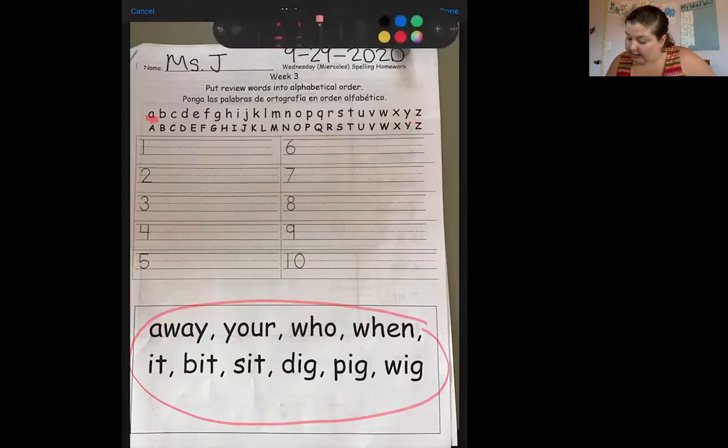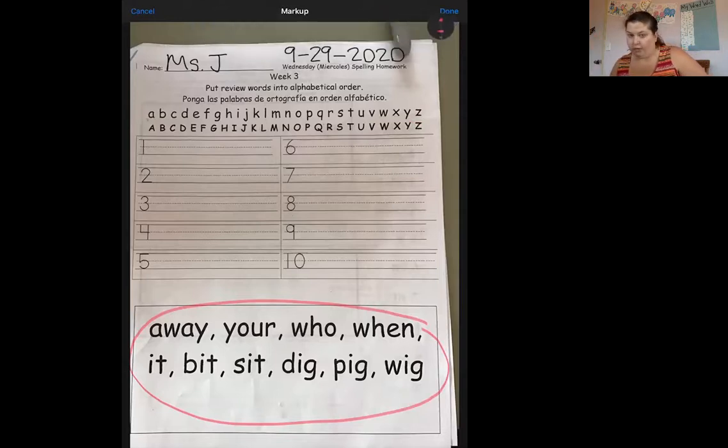Let's just start and see. So if we're here with A, I'm looking through, do I have any of these words that start with A? Tell me, do you see a word that starts with A? Away, yes. So that's the very first word. I'm gonna put a little check mark because we found one with away.